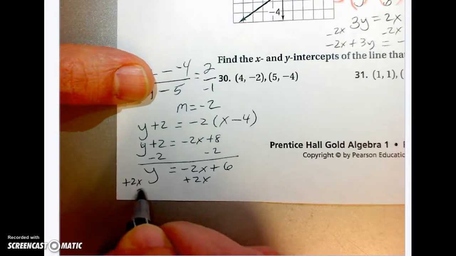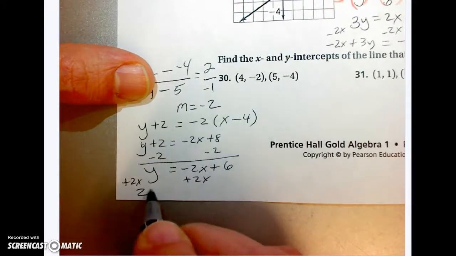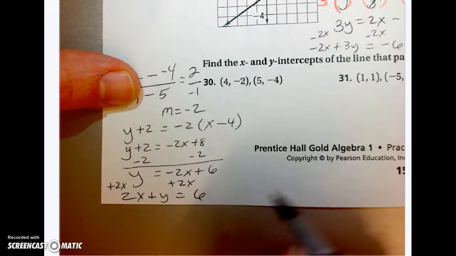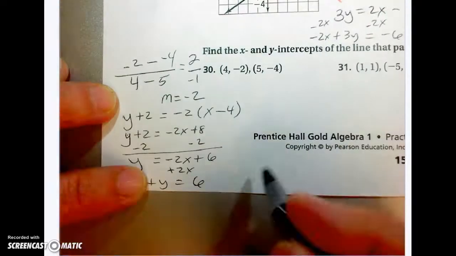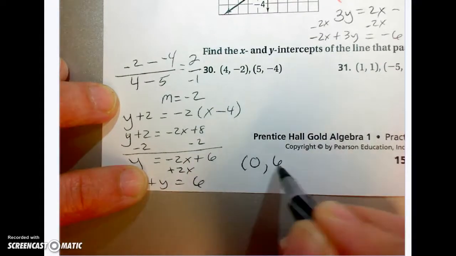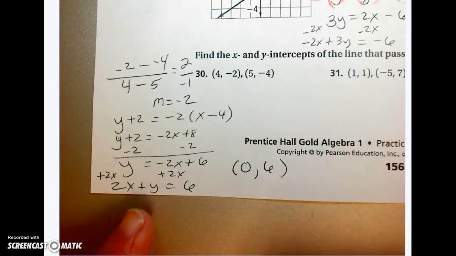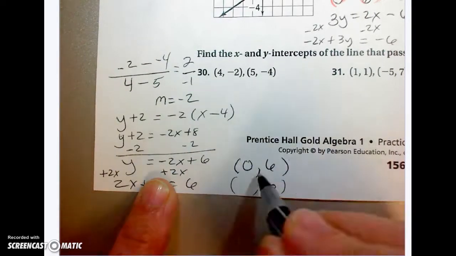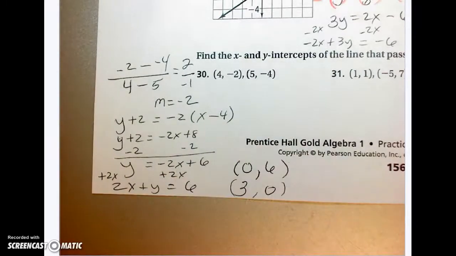So I have 2x plus y is equal to 6. And so if I make x 0, y is 6. If I make y 0, x is 3. So there's my x and y intercept.